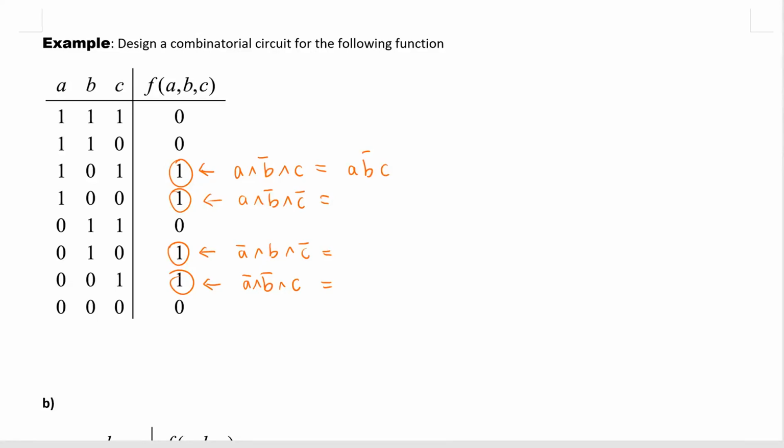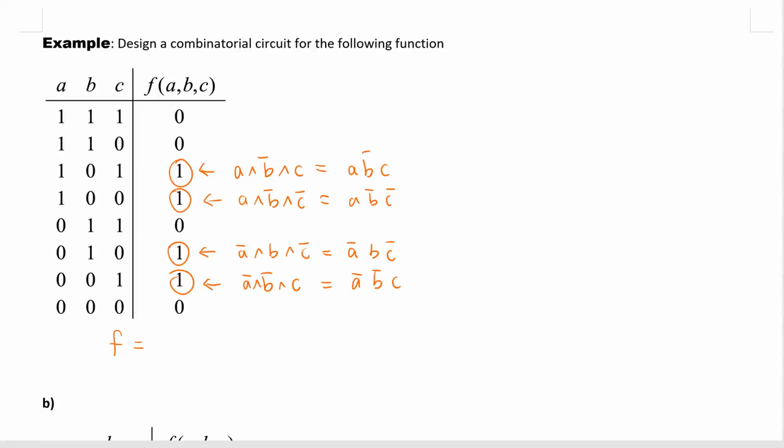Okay, and then for this guy we have A, B bar, C bar. Just for shorter notation, this is A bar, B, C bar. This is A bar, B bar, C. Okay, so finally we can combine all of those rows and we use OR to connect them.